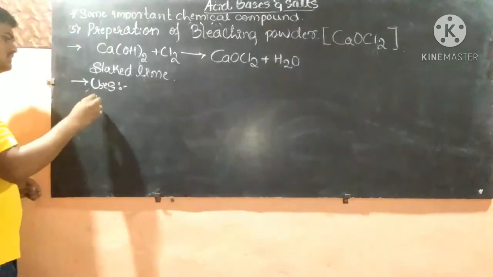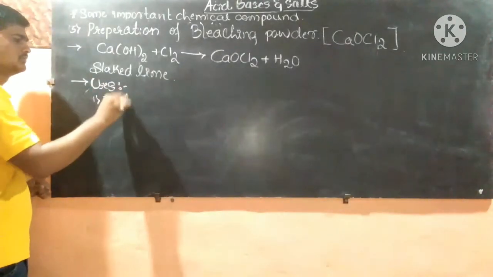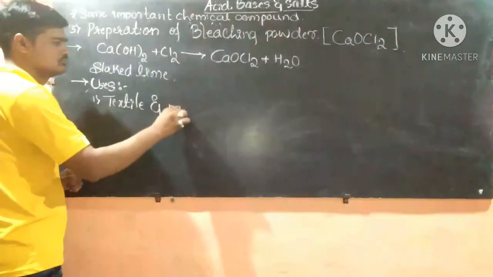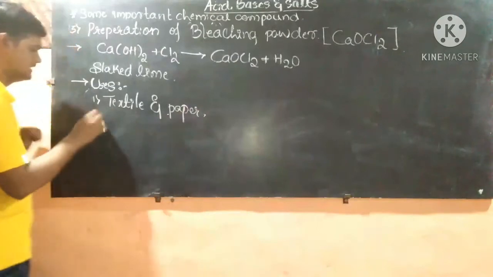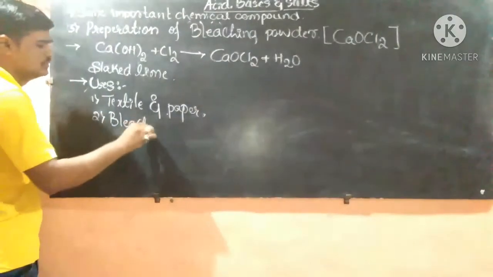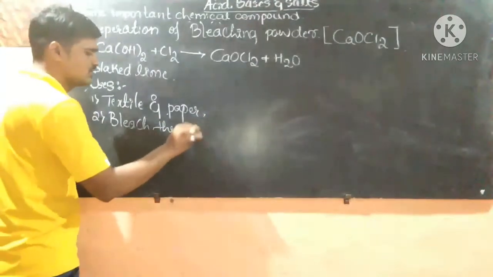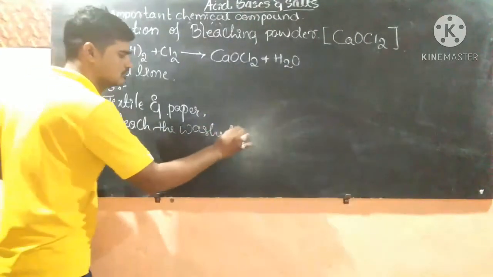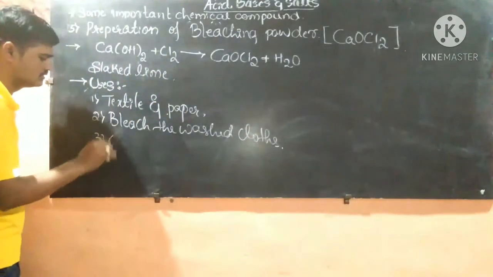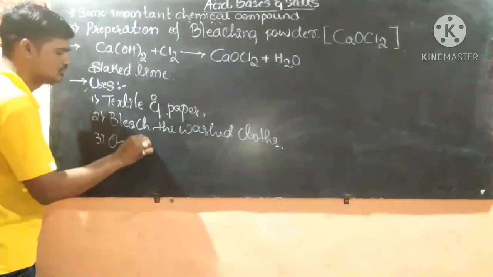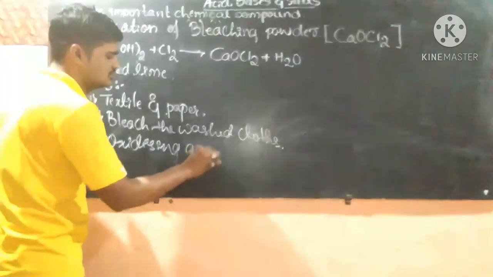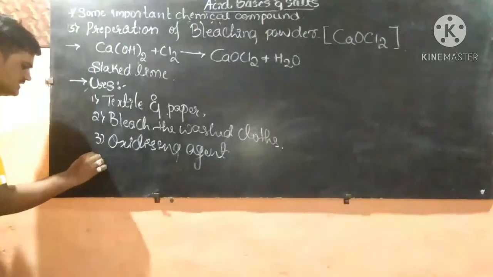Uses. First one, textile and paper industry. Second one, to bleach the washed clothes. Third, used as an oxidizing agent.